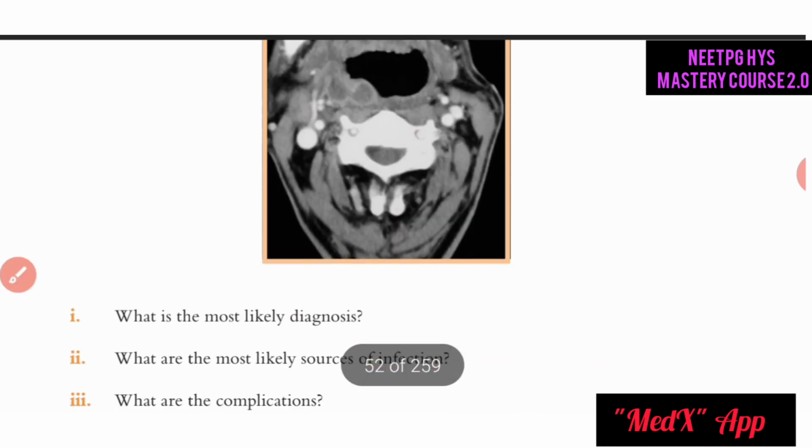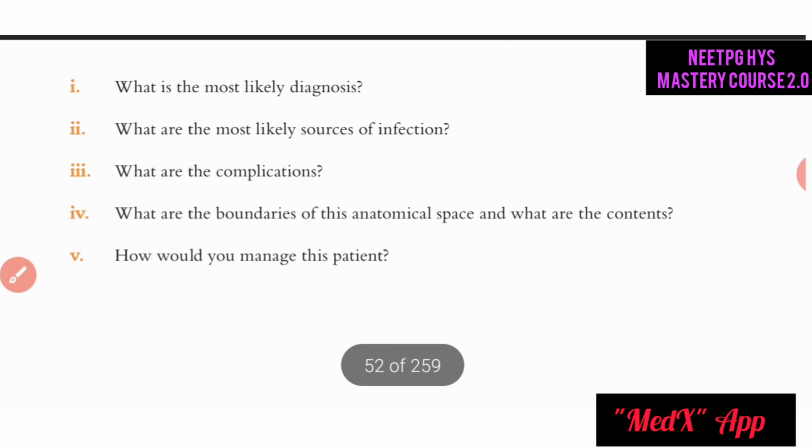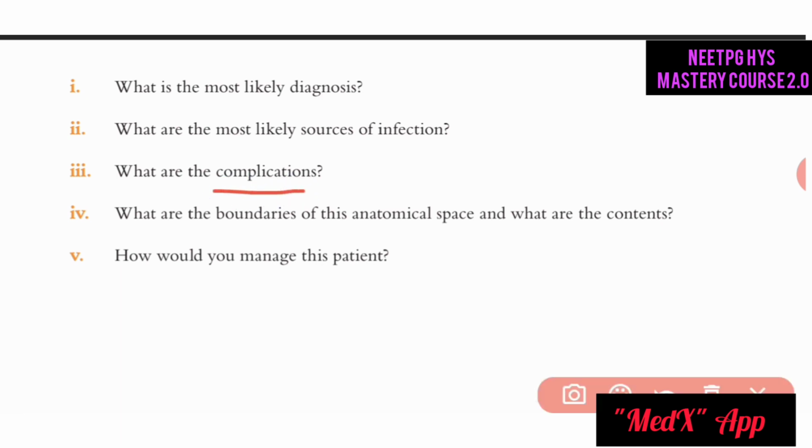Now let us see what questions your examiner wants you to know. What is the most likely diagnosis, most likely sources of infection, complication, boundaries, and how you are going to manage. So your examiner can frame any question based upon all these.